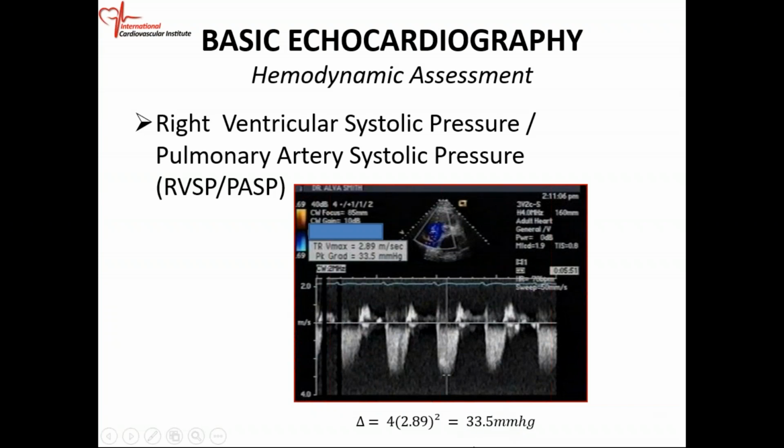So you add the right atrial pressure to this, and you'll get the RV systolic pressure or the pulmonary artery systolic pressure. Again, we have a separate lecture to show you how to determine the RA pressure. All right.